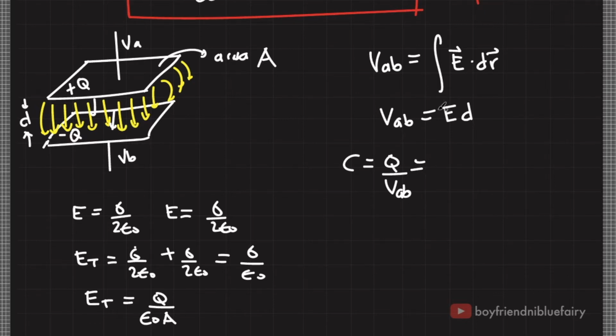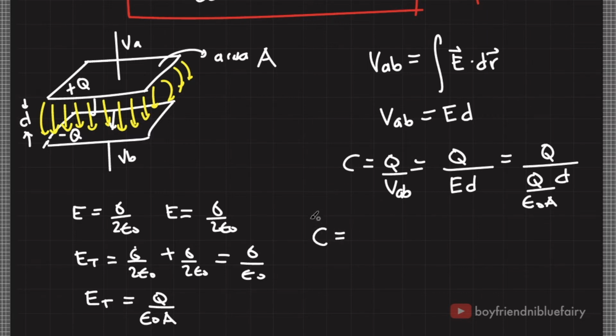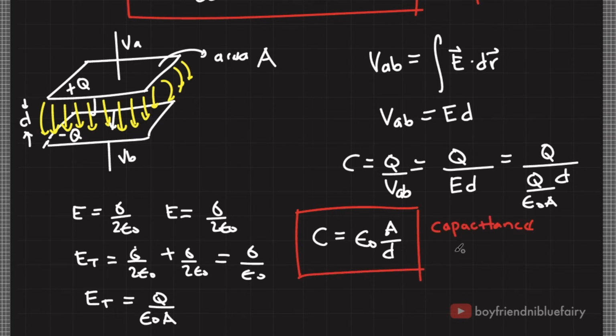And if I plug in the definition of V sub AB in this equation, I'll have Q over ED. And if I plug in the electric field between the two conductors, I'll end up with Q over epsilon naught AD. We have the final form, epsilon naught A over D. This is the capacitance of a parallel plate capacitor in a vacuum.